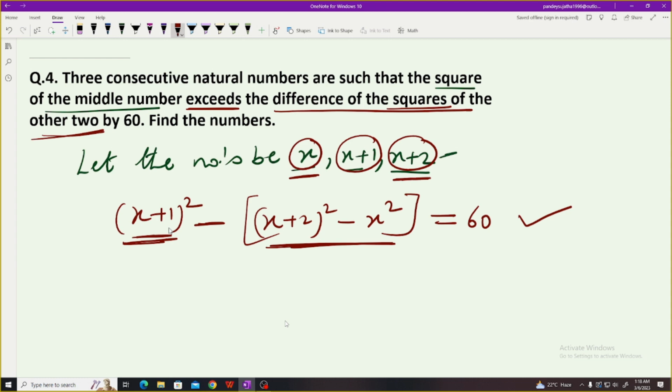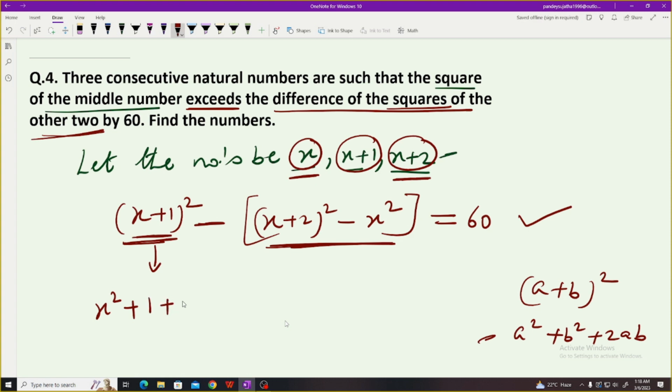(x plus 1) whole square is in the form of (a plus b) whole square, which is a square plus b square plus 2ab. So use this formula here. To solve it, it is x square plus b square, that is 1 square, that is 1, plus 2 into a into b is 2x, minus, solve this also.